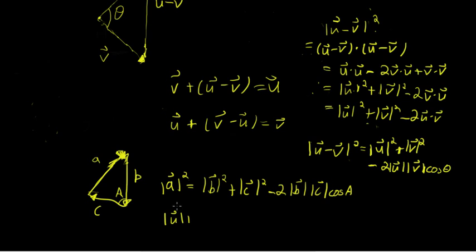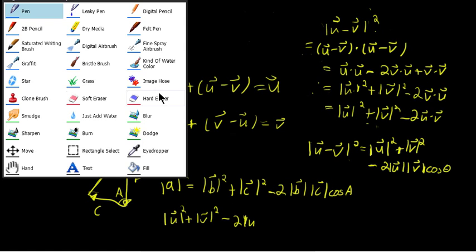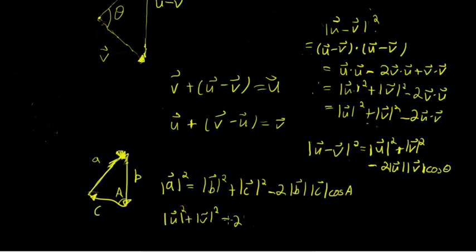Magnitude of u squared plus the magnitude of v squared minus 2 u dot v equals the second expression obtained from the law of cosines: the magnitude of u squared plus the magnitude of v squared minus 2 times the magnitude of u times the magnitude of v times cosine theta.